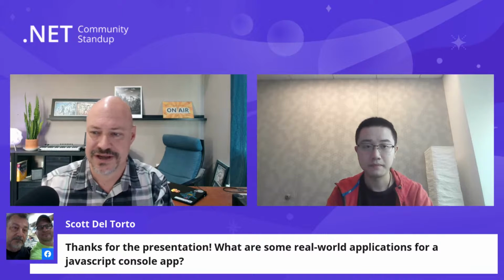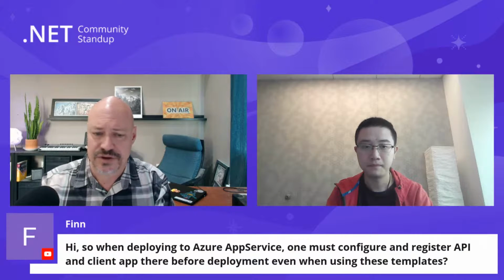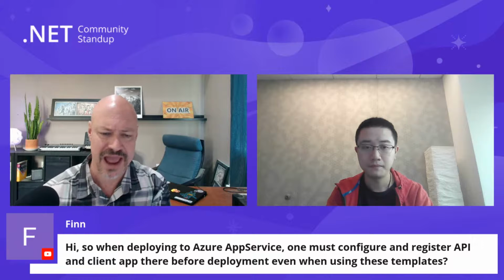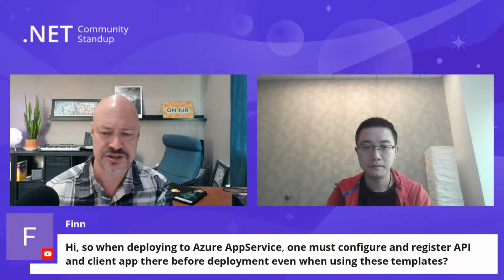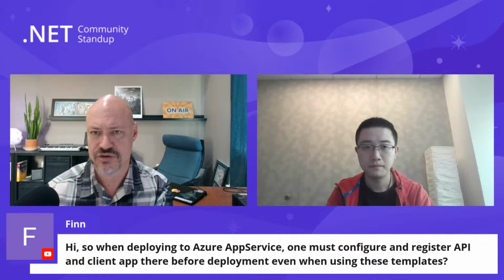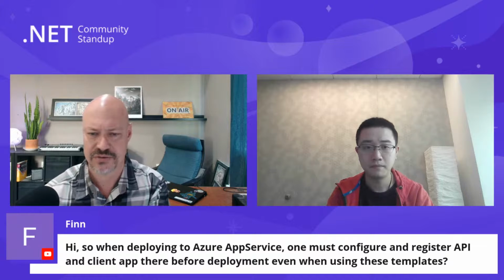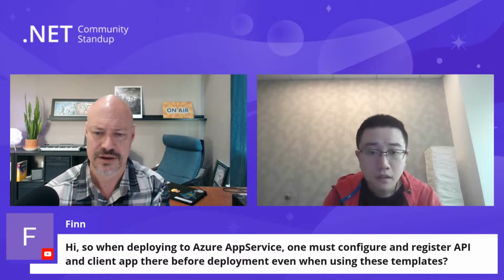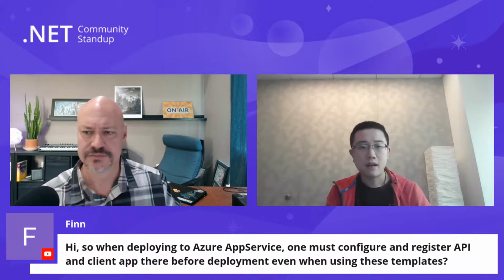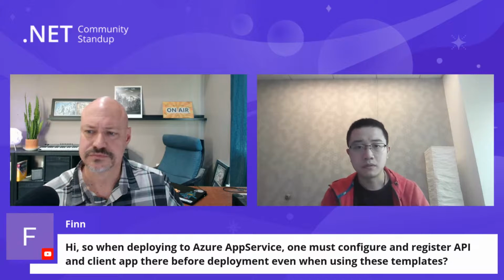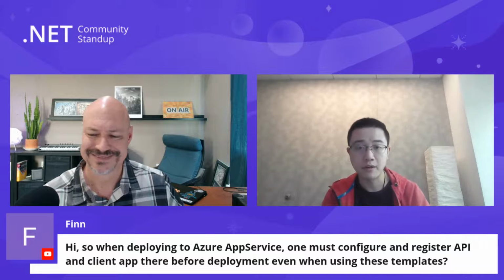Okay, nice. Question here: for Azure App Service, do you configure it first before using the template, or do you create the project using the template and then configure it during deployment? Right now, the publish to Azure or deploy to Azure experience only lives in the .NET projects.